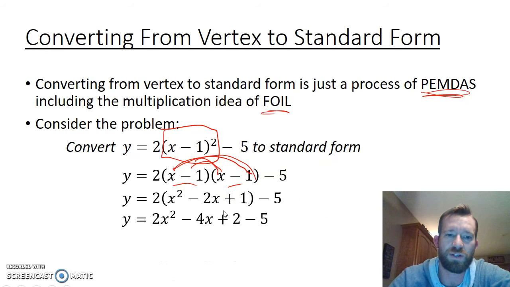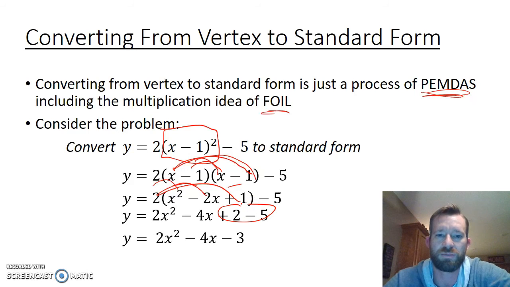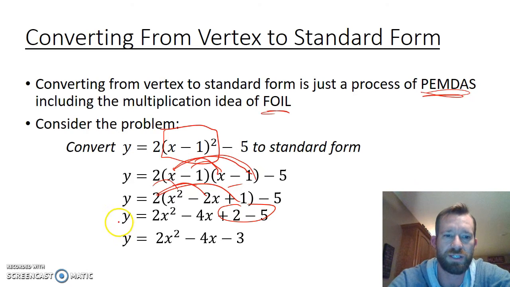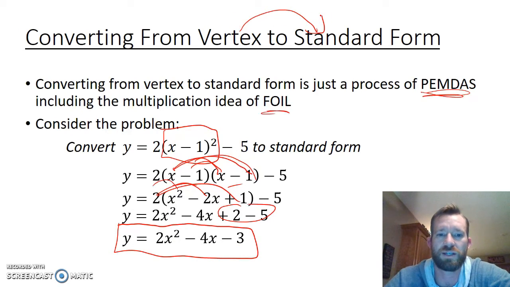Then we distribute that 2 through to all the terms in the parentheses. And at the end, we combine like terms, and that's our resulting standard form. So going from vertex to standard form is really just algebra manipulation, PEMDAS, and FOIL.